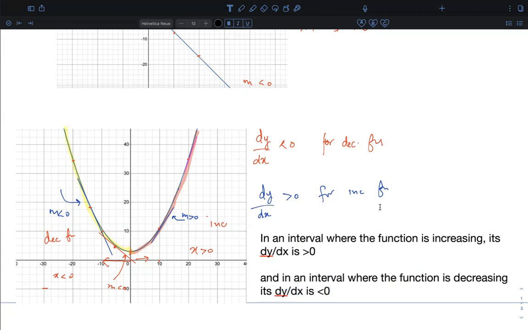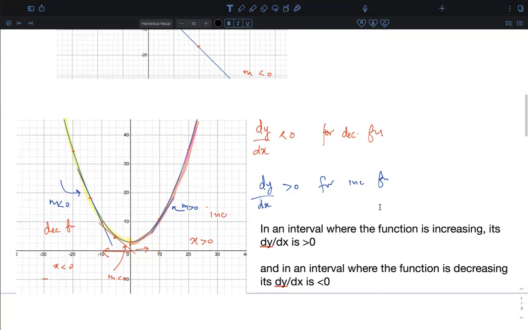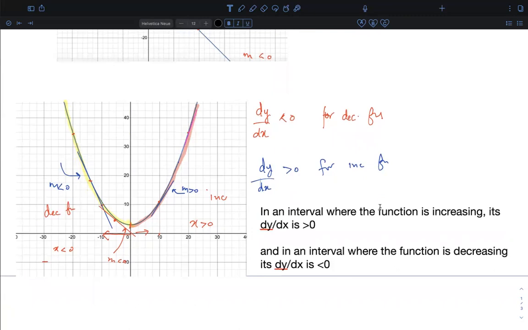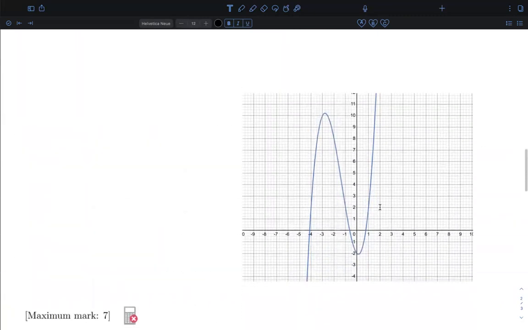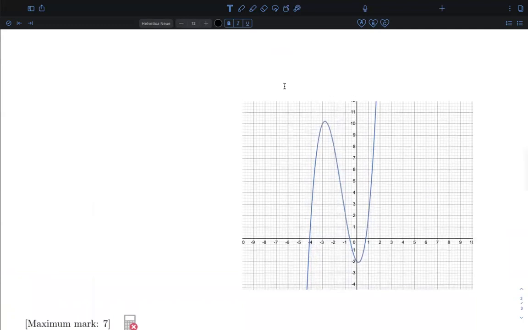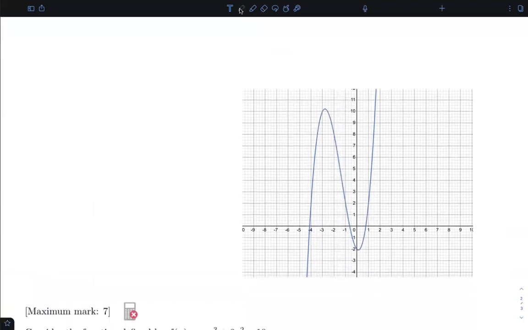So now we can use the idea of dy dx as positive or negative to determine the interval over which a function is increasing or decreasing. Let us apply this in a question now. So let's see this scenario first. In this situation, we have a cubic curve.